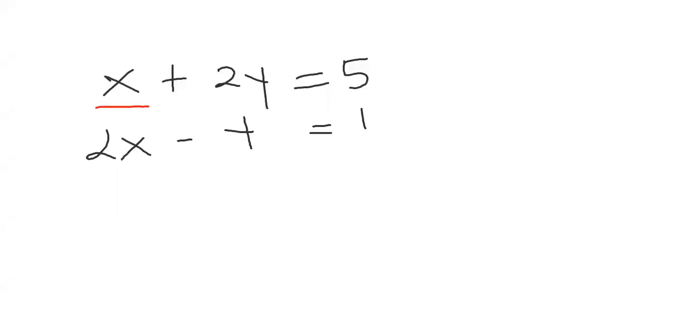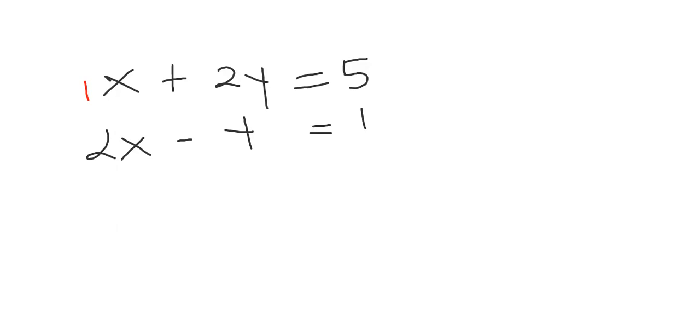For example, there is a 1 here, but the 1 is not written. So it means those two coefficients are different. We have coefficient 1 and coefficient 2.